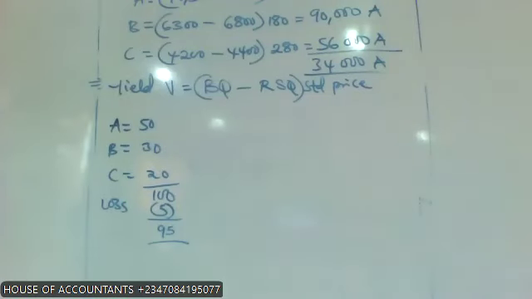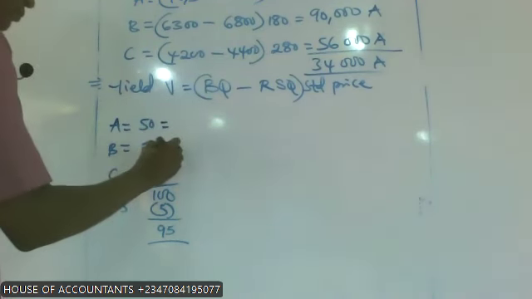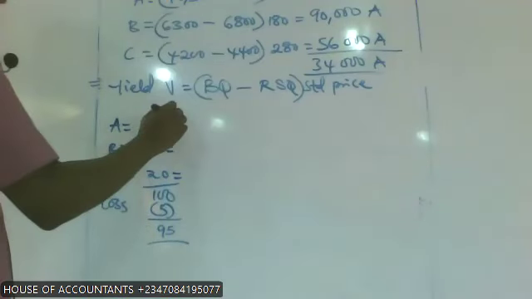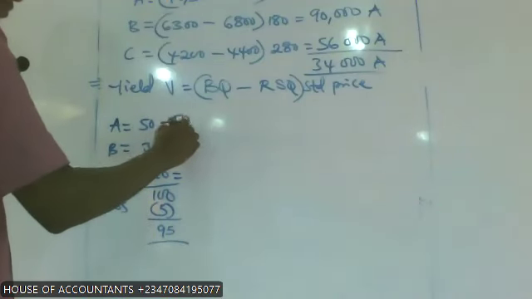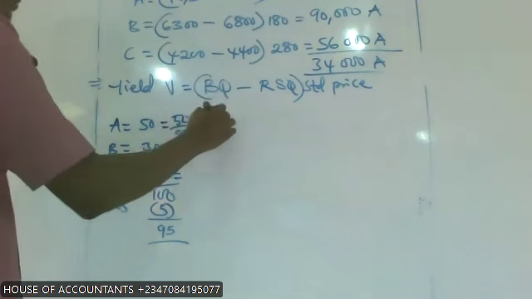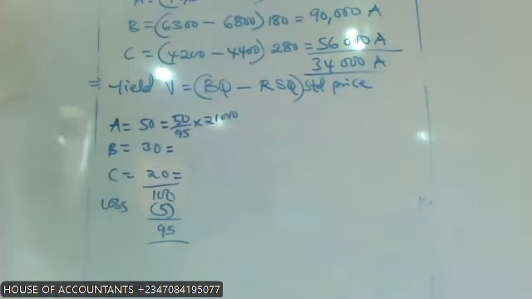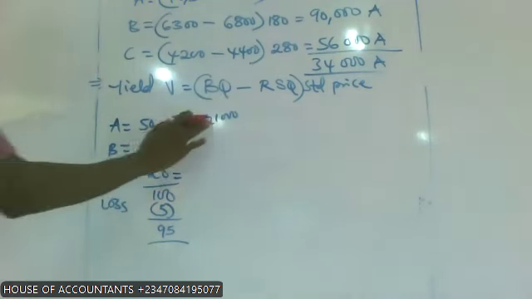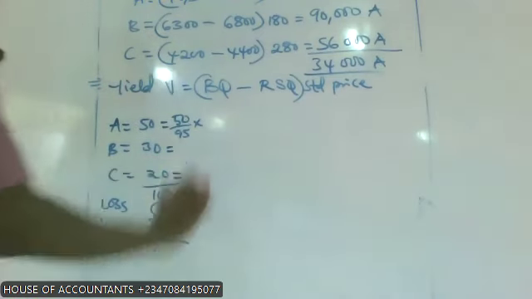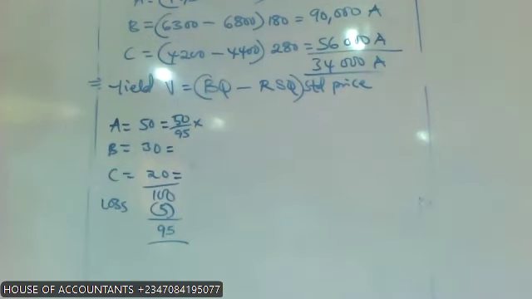So instead of dividing everything by 100, we want to factor in only 95 kg. So it will now be 50 over 95 times 21. Sorry, this will now be based on actual production. The actual production is 19.